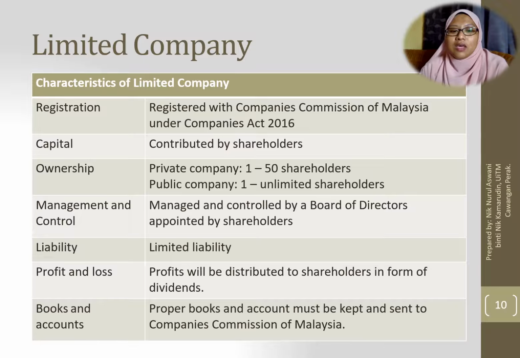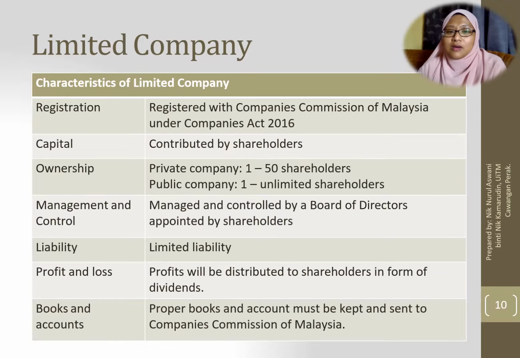Whereas for profit and loss, only profit will be distributed to the shareholders, while the losses will be recorded in the company and will reduce the previous profits of the company. And then books and accounts.